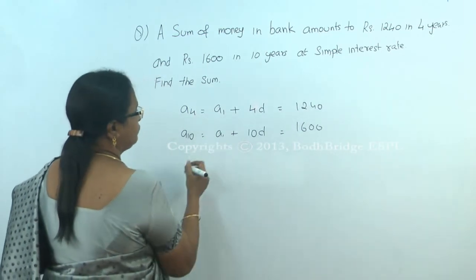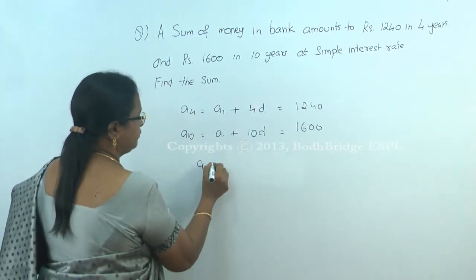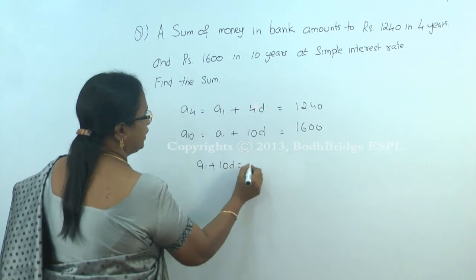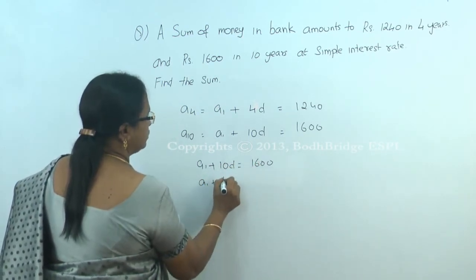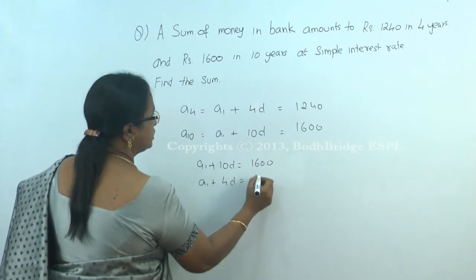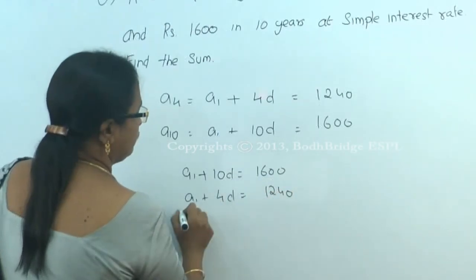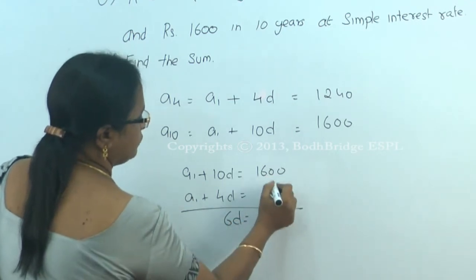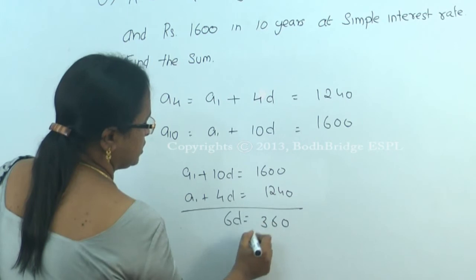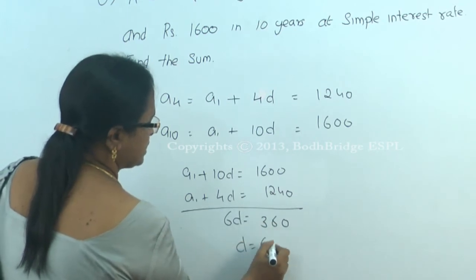So when you subtract one from the other: a1 plus 10D equals 1600, a1 plus 4D equals 1240. When you subtract, you get 6D equals 360, or D equals 60.